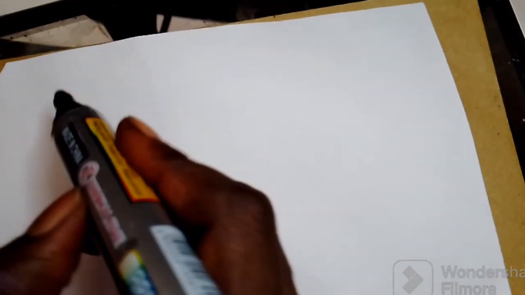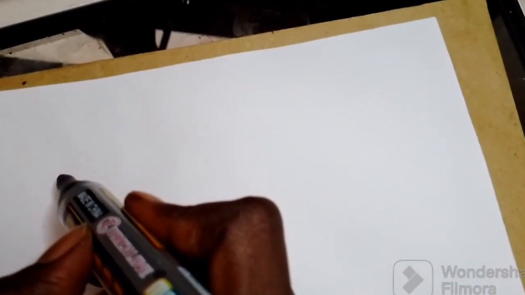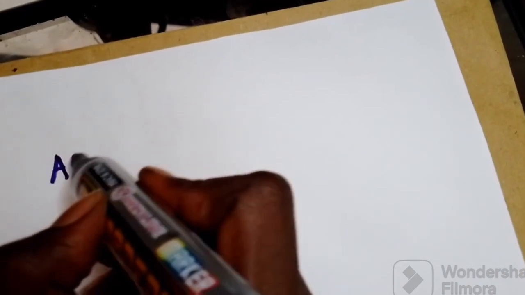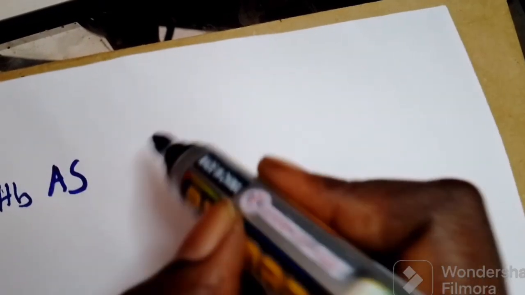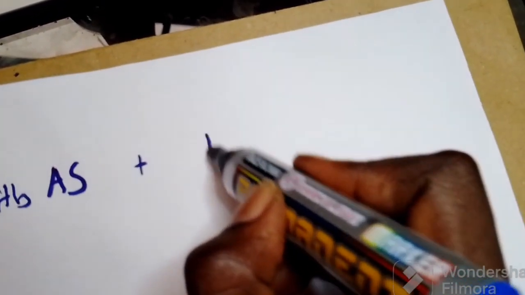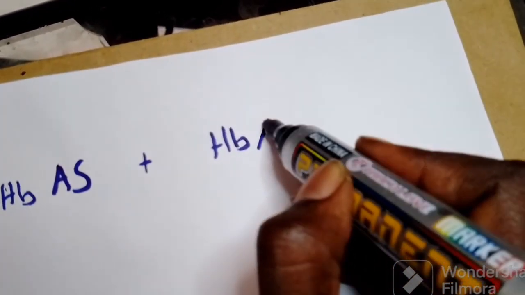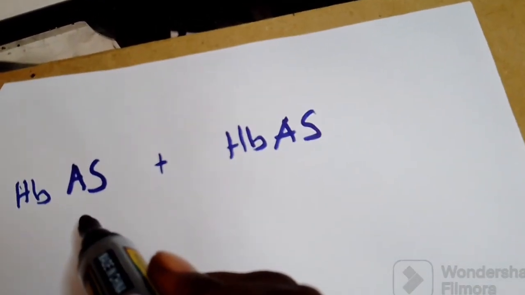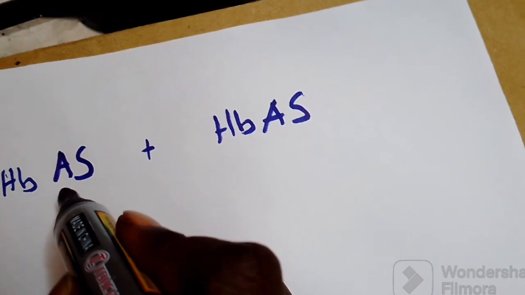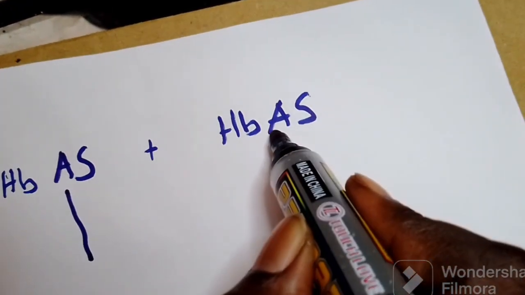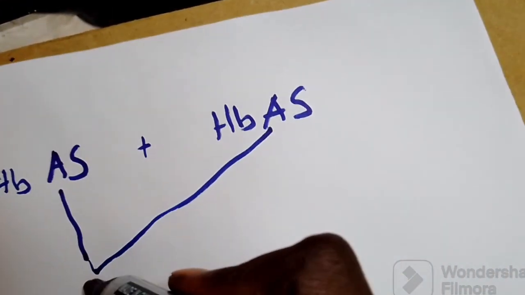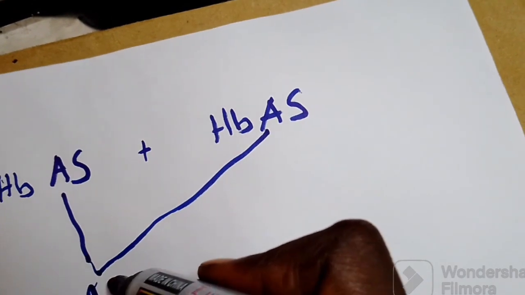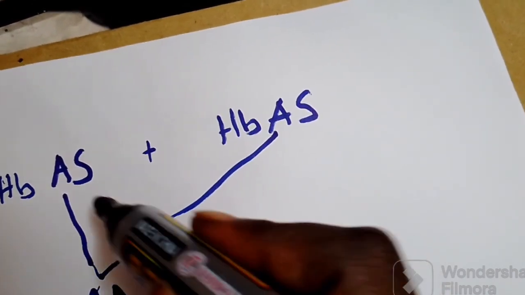Okay, so what happens if two parents who have the sickle cell trait meet up and they just want to have a baby? You will find that this parent might give the gene for a normal hemoglobin and the other as well.